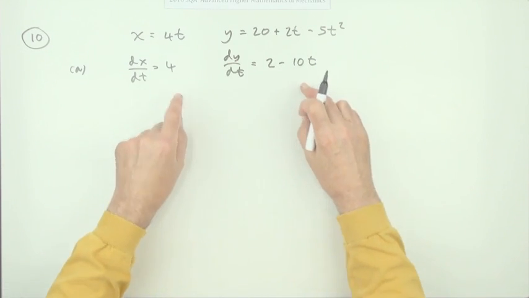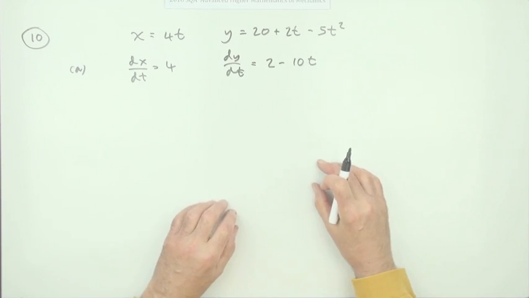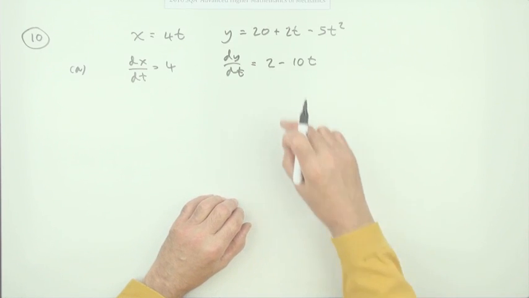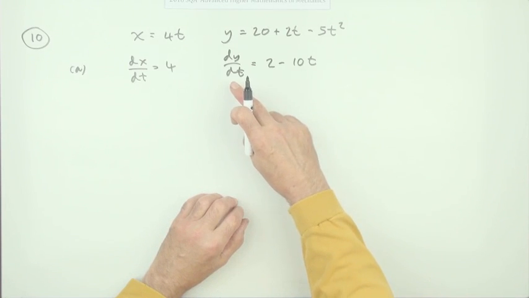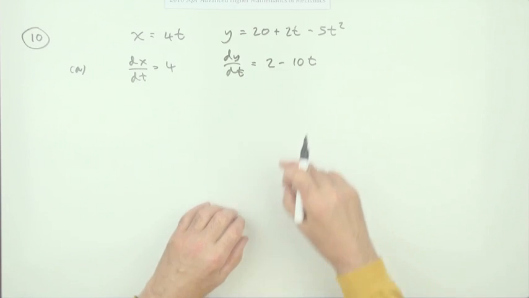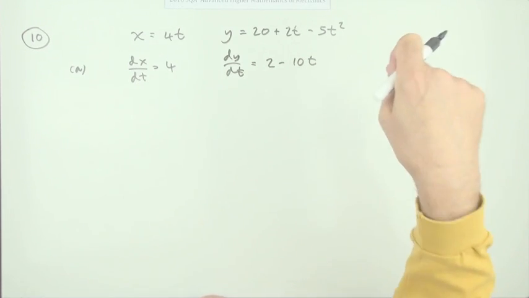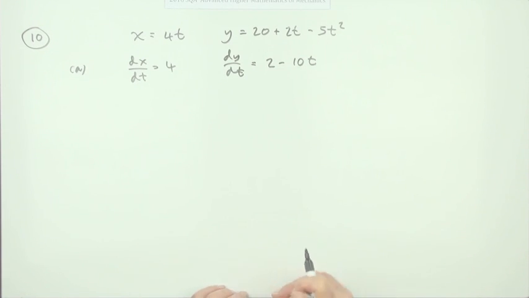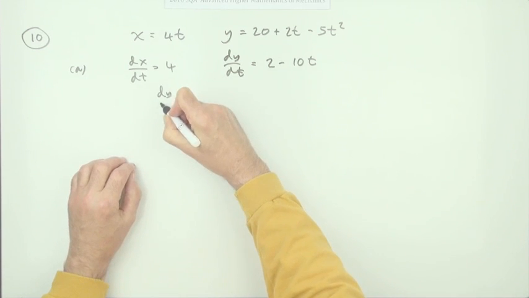Which, of course, is just the horizontal and the vertical velocity. Horizontal velocity is 4. Vertical velocity, there's your v equals u plus at, with a, of course, being minus 10 going downwards.